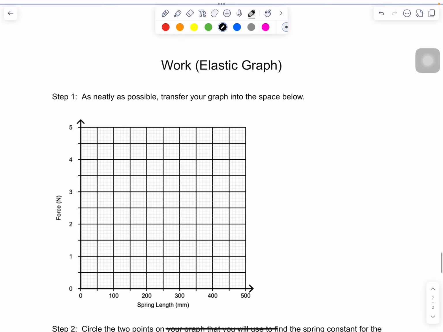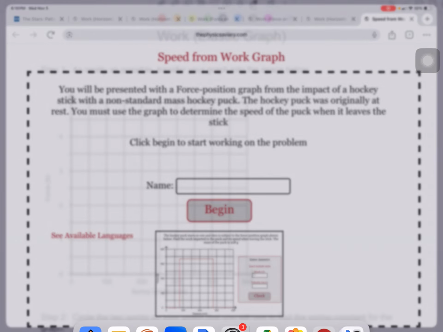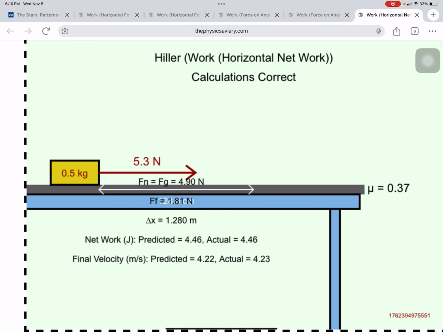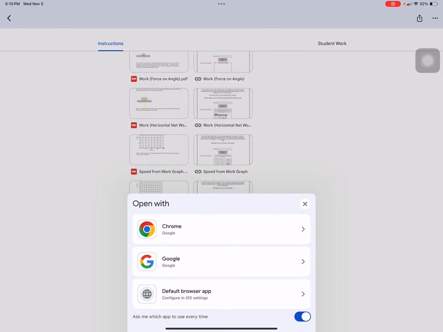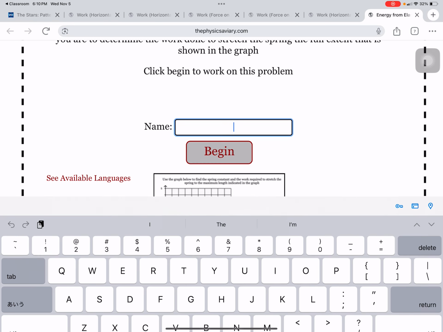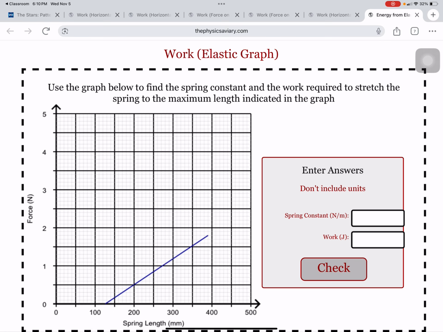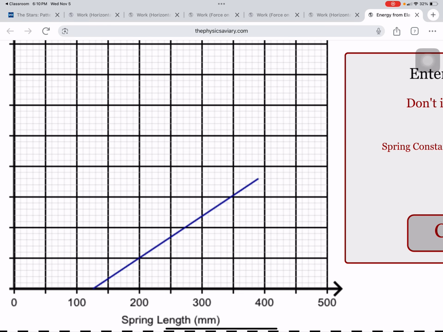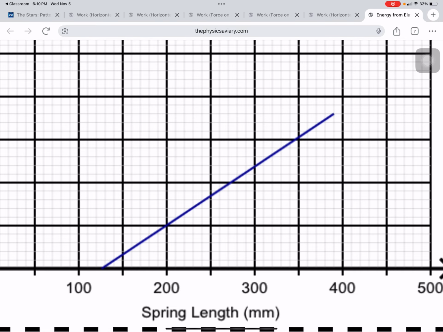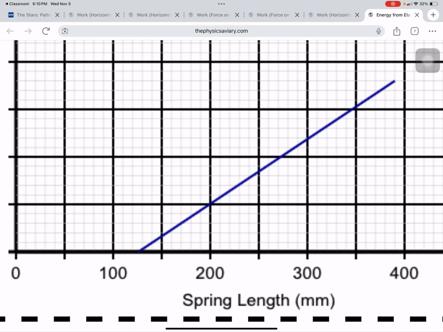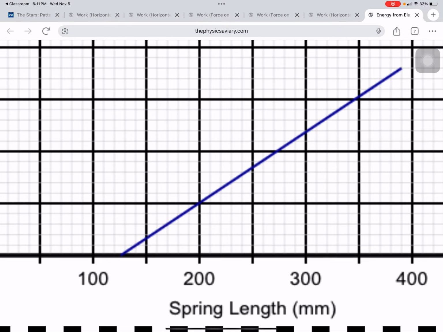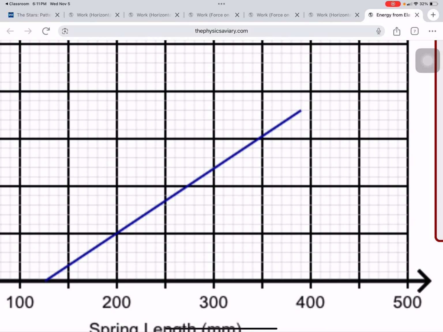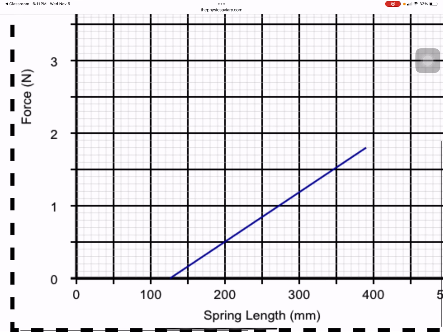Okay, work from an elastic graph. Go ahead and enter your name. What we're going to be given is a line on a force position graph, force versus spring length. So look carefully at the endpoints of your line. My line starts at force of 0 and almost 129 millimeters, and it goes all the way up to 390 millimeters and 1.8.